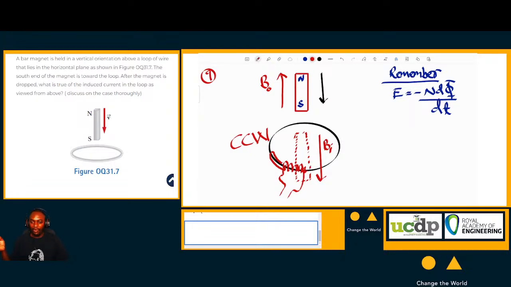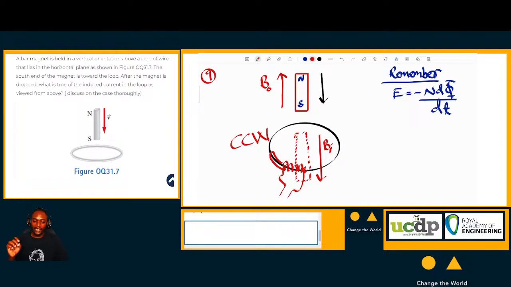So the summary of question number 1: as the magnet is falling towards the loop, check what is happening to the magnetic flux. The magnetic flux is going to be increasing. And if the magnetic flux is increasing, according to Lenz's law, the induced magnetic field in the loop will be in an opposite direction.